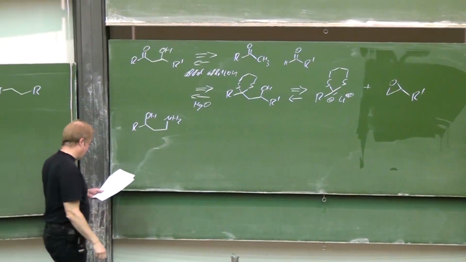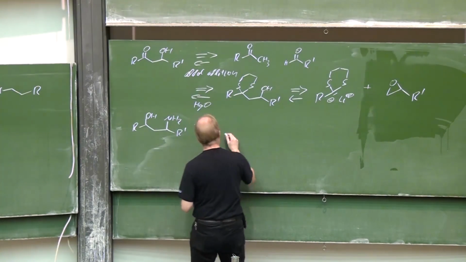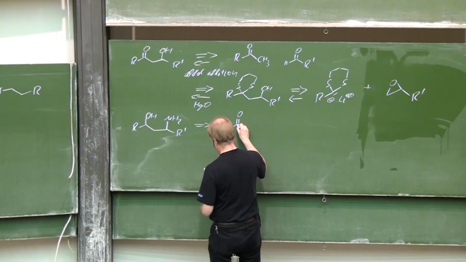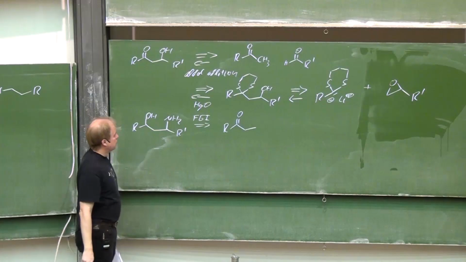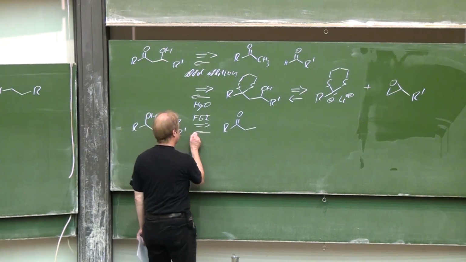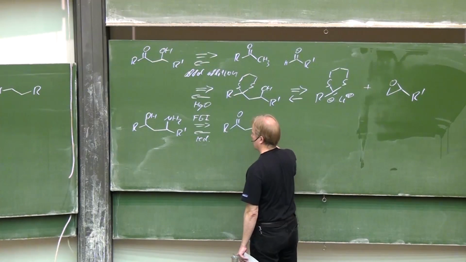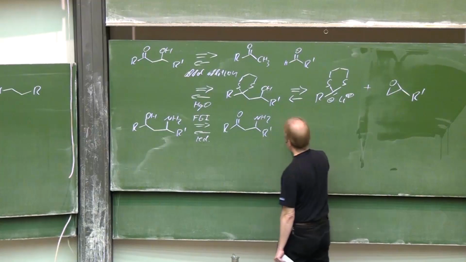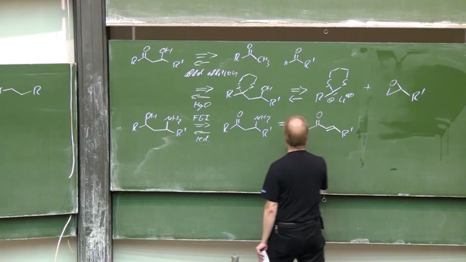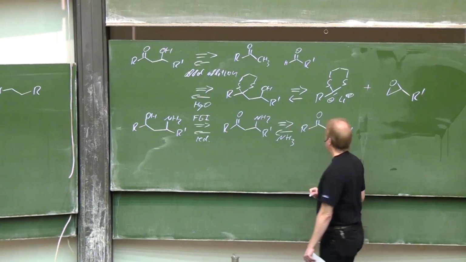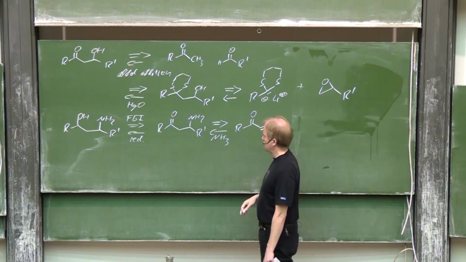A 1,3 amino alcohol you might get also with involving a functional group interconversion, say a reduction of that ketone, and this could derive from the alpha-beta unsaturated ketone by conjugate addition reaction.